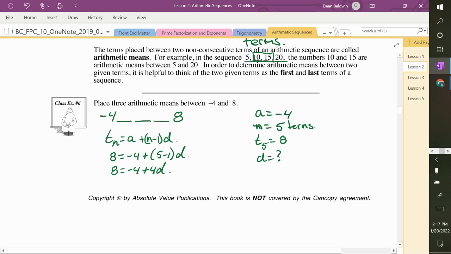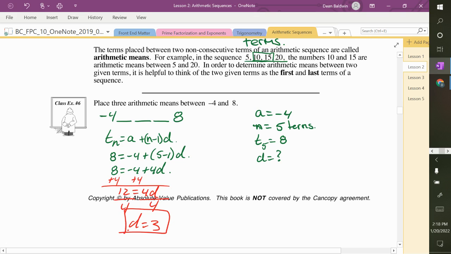How do I solve this? Yeah. So you're going to add the 4 to each side. So I get 12 is equal to 4D. Divide off the 4, and so D is equal to 3.